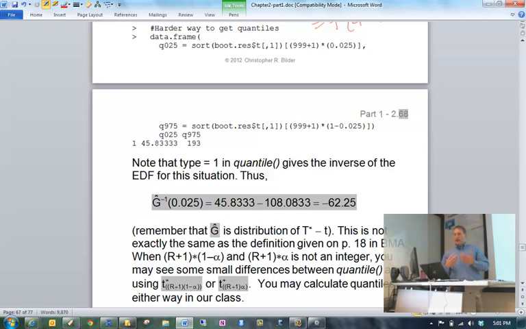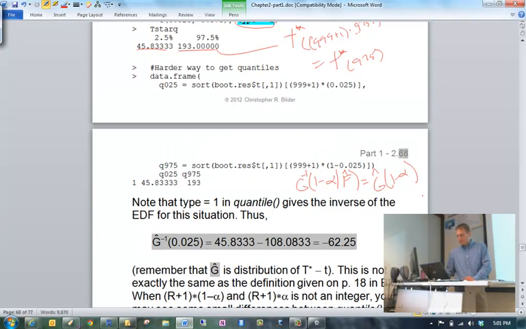So if I wanted now a quantile from the distribution of, if I wanted this, G inverse 1 minus alpha given F hat, which can be equivalently expressed as G hat 1 minus alpha in the book's notation, all I need to do is take my corresponding T star.